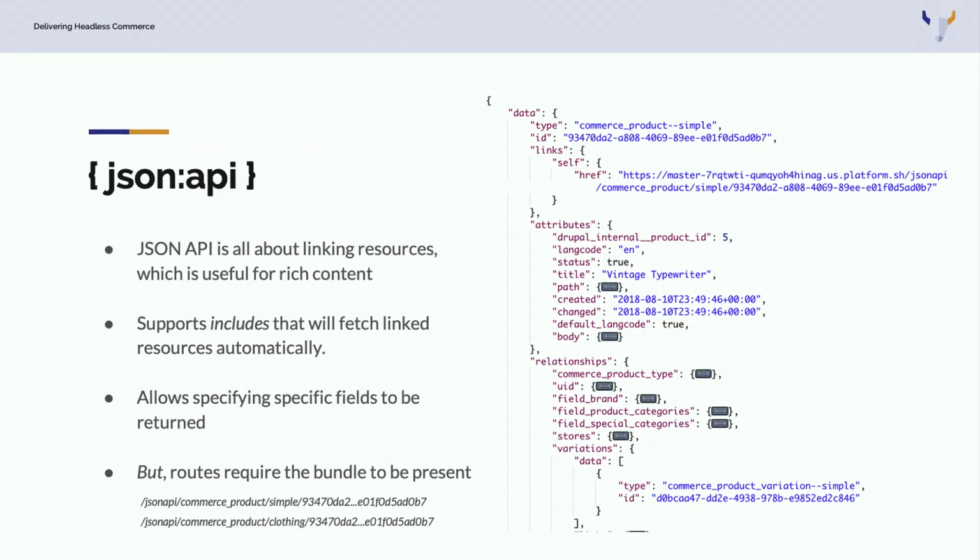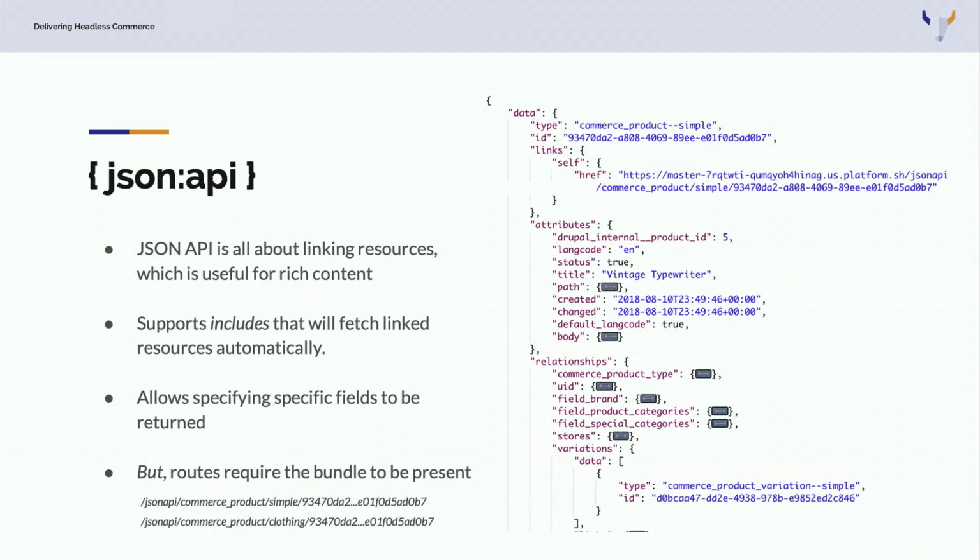So it supports includes. For anything in the relationships, you could do question mark include. So you can get the brand, the categories, the stores, the variations, and you can limit what fields are returned. I did an experiment, and the next slide shows the return without the page load size.